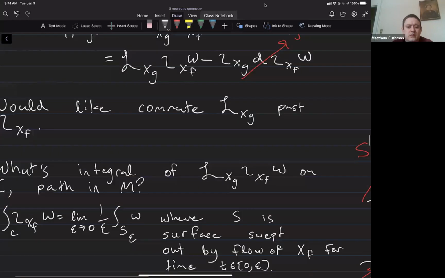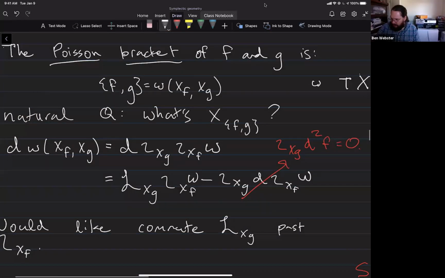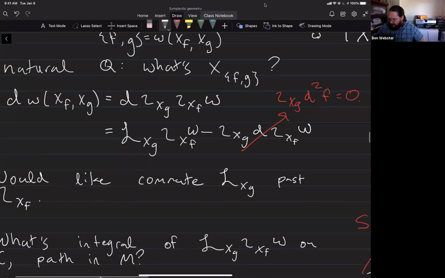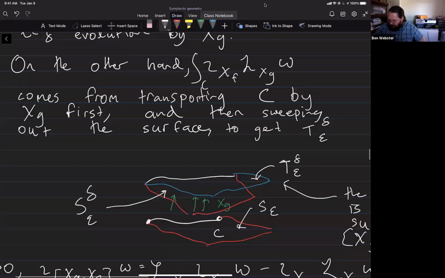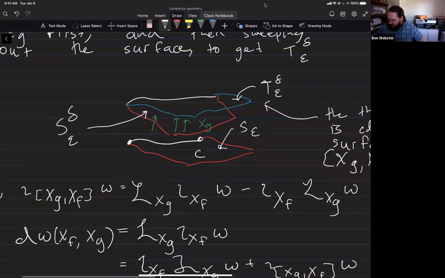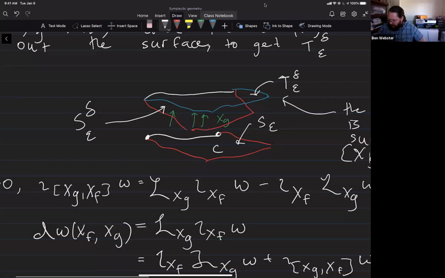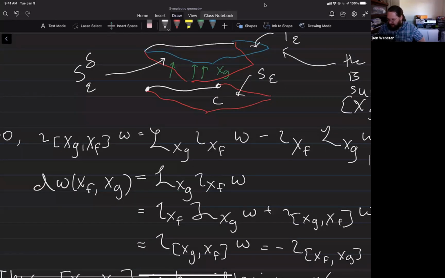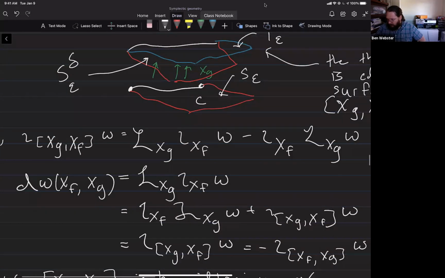So I can go back up to this equation that d of the symplectic form applied to Xf, Xg is the Lie derivative with respect to Xg, applied to the contraction with respect to Xf. This line is just recopied from up above. And now I apply this formula.